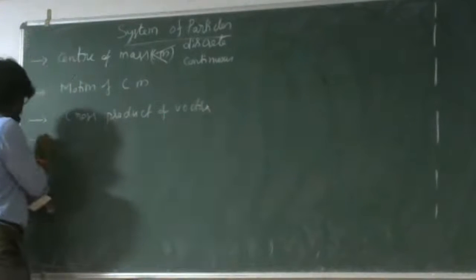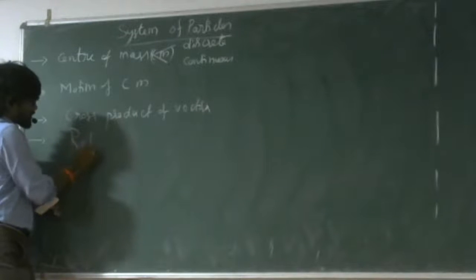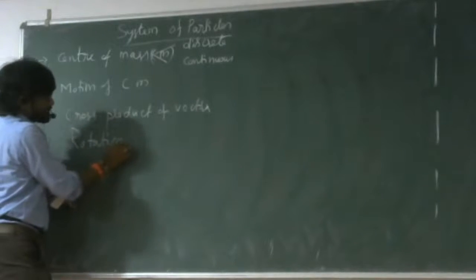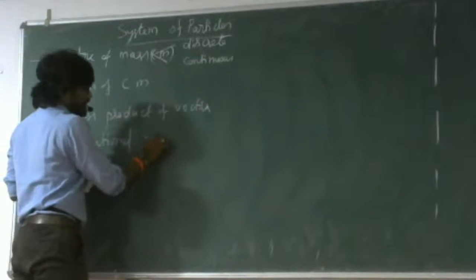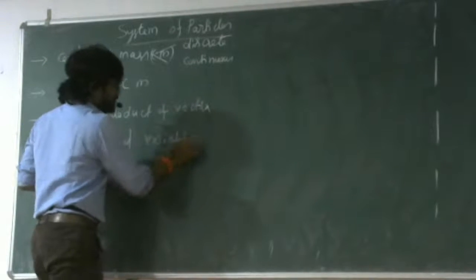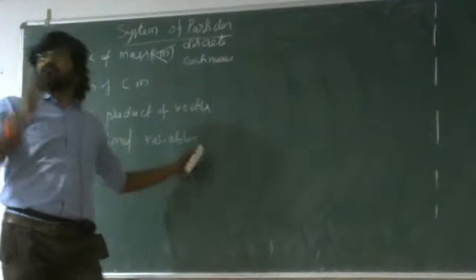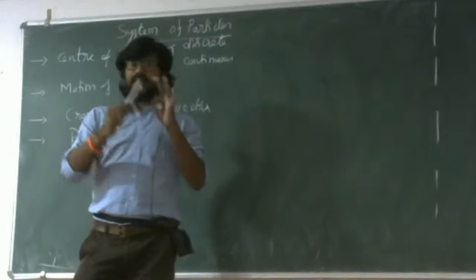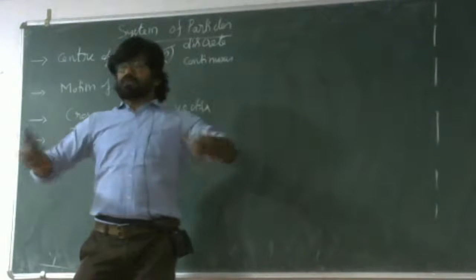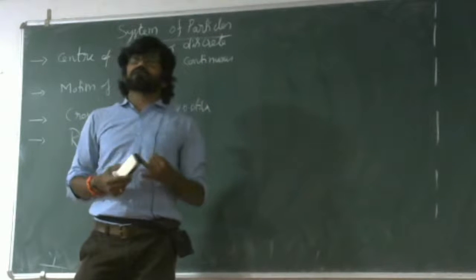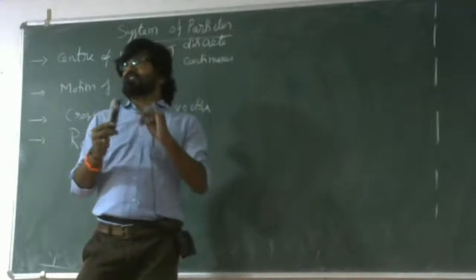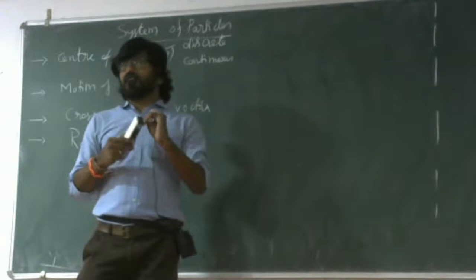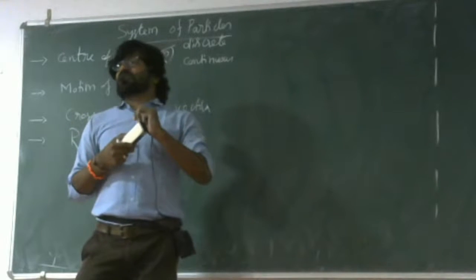Then we'll discuss about rotational variables. Like already in motion in a plane we have discussed what is angular displacement, angular velocity and angular acceleration. Those we have to recollect, and in addition to those, rotational force called torque and rotational momentum called angular momentum.